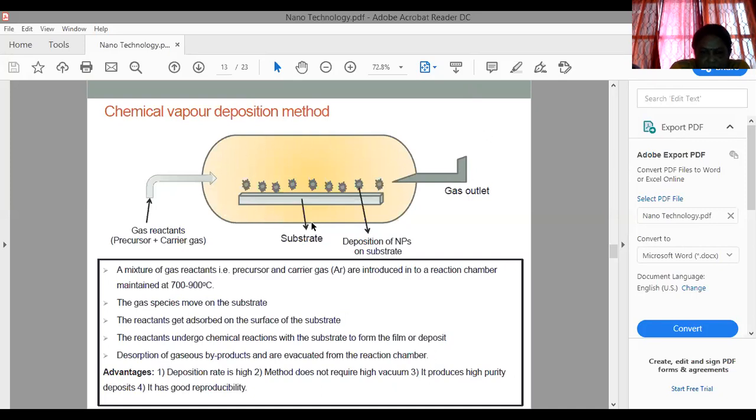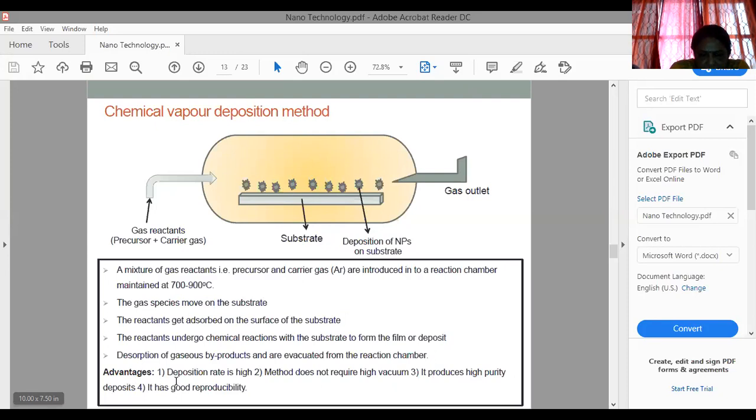So that is the chemical vapor deposition method, most widely used for preparing carbon nanoparticles like carbon nanotubes or graphenes, etc. It is a very common method in most of the laboratories where nanomaterial research is going on. They have this kind of instrument where nanoparticles can be prepared.